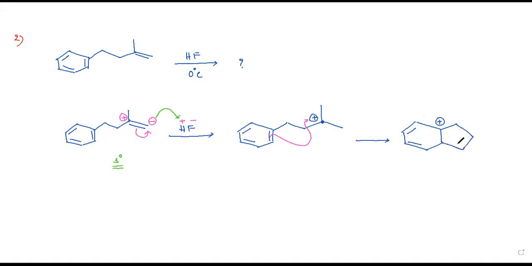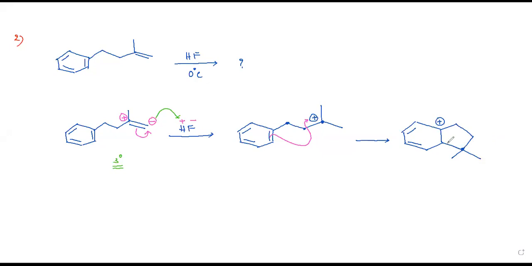That's it. We have only 3 carbons here, right? And see the third carbon that actually got connected to the original benzene ring has got 2 methyl groups, right?